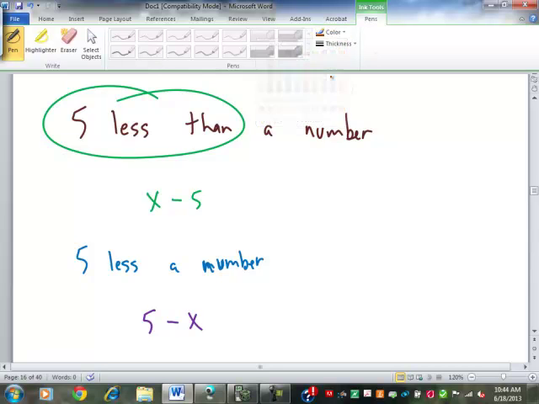So other phrases that indicate subtraction, you might have decreased by. Along with decreased by, you might have reduced by. Subtract, a number subtract 5.